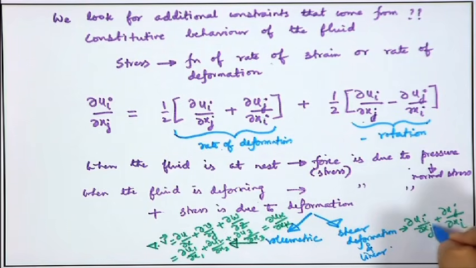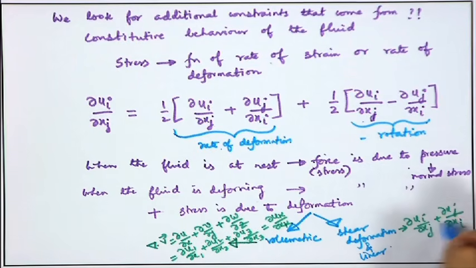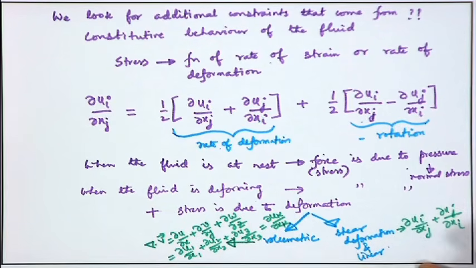Because if i and j are the same, then it is del u i del x i, that represents linear deformation. So, this is a representative of both shear and linear deformation, because there is no guarantee that i and j are the same or different. If i and j are different, it will represent shear deformation. If i and j are the same, it will represent linear deformation.